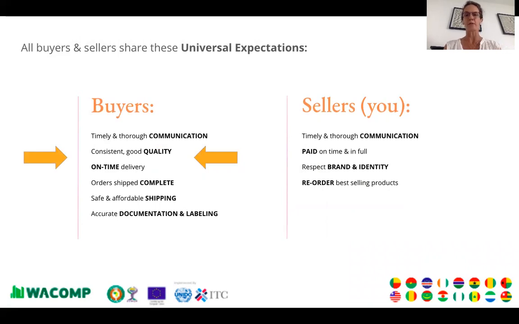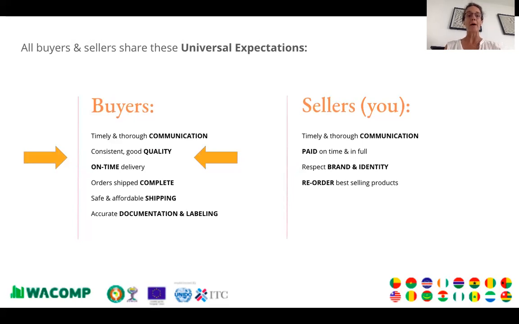So no matter if you're selling to the end consumer, a small retail store, a large retail store, or a wholesale company, the expectations of all customers are that you will have good communication, consistent quality, on-time delivery, that orders are shipped complete, that you have safe and affordable shipping, and accurate documentation and labeling.